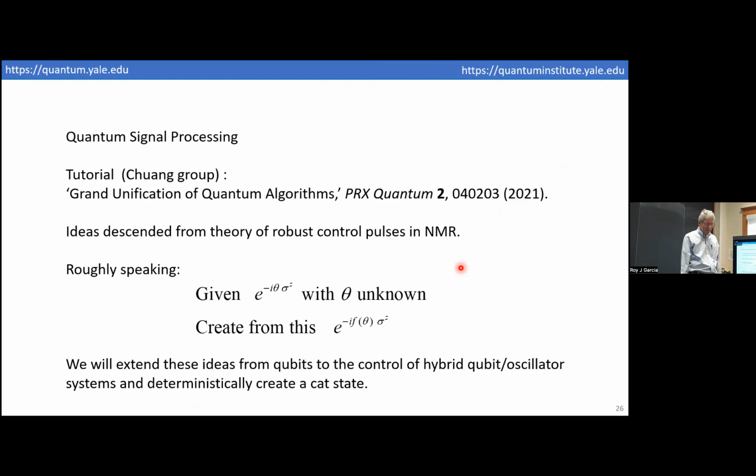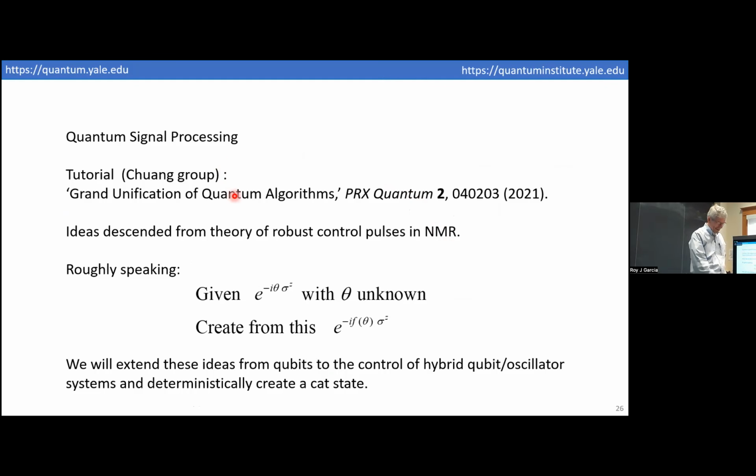Okay, so now I'm going to show you how to make a Schrodinger cat state using all these tricks in a way that's comprehensible. And it's a version of quantum signal processing.